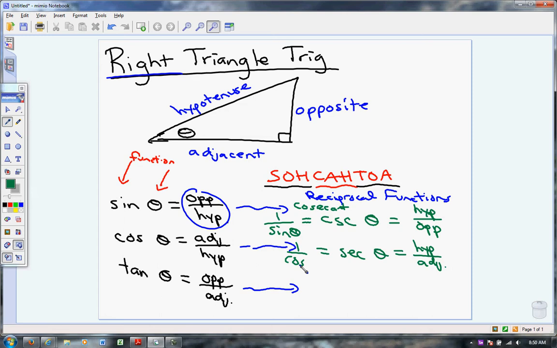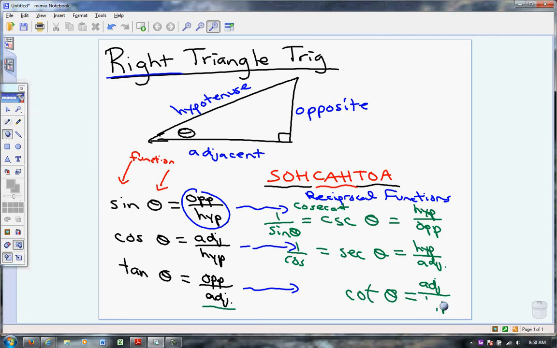And then the reciprocal for tangent is what we call cotangent. And we abbreviate it with COT. No, we don't say cot. It stands for cotangent. The cotangent of theta, we flip this and it will be adjacent over opposite.